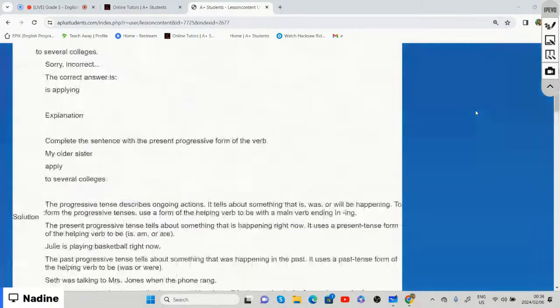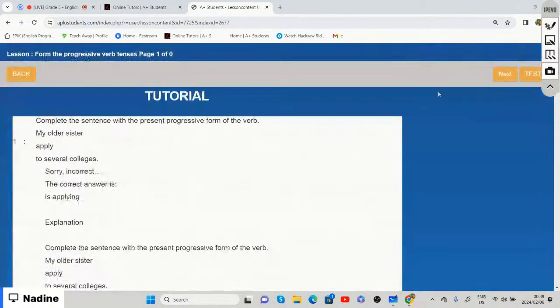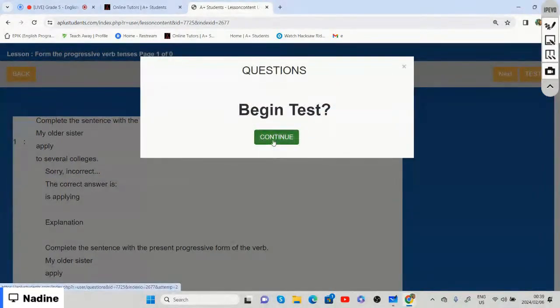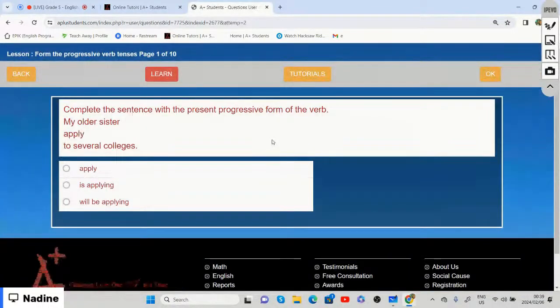All right, so now we're going to our test where we're going to be forming progressive verb tenses. All right, so now we need to complete the sentence with the present progressive form of the verb.